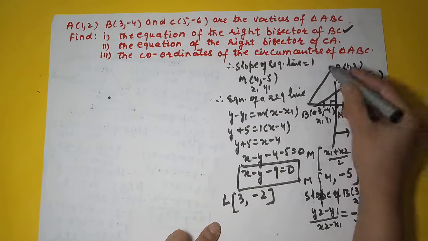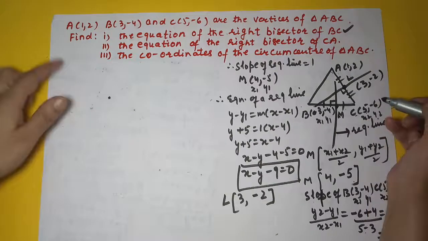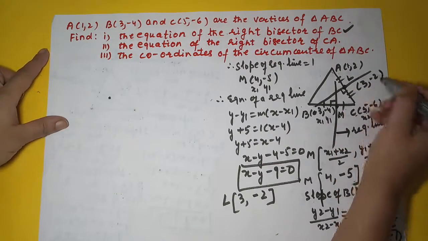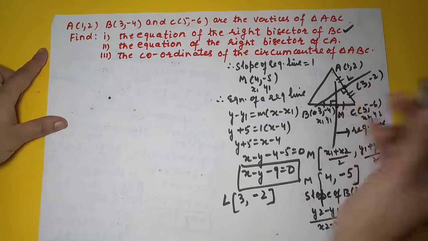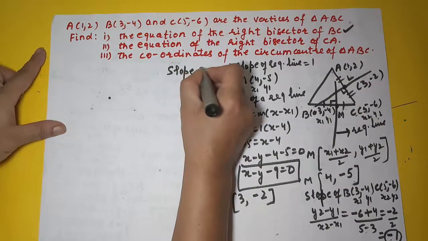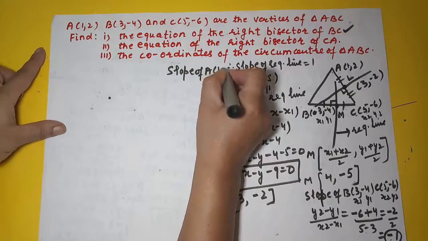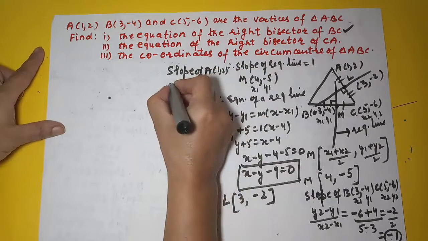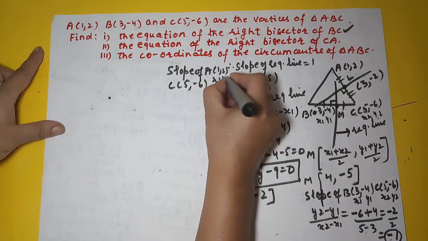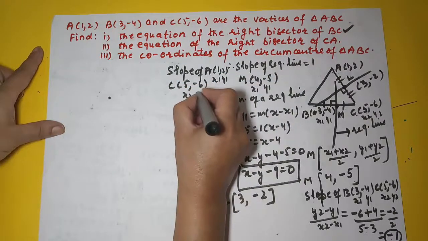You will find the slope of AC, and then automatically you can find the slope of your required line. So let's find the slope of A, which is 1 and 2, and C, which is 5 and minus 6. So this becomes your x1 y1, this becomes your x2 y2.